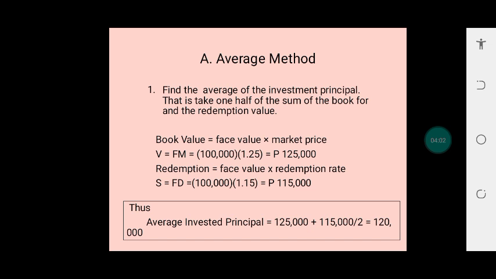The redemption value is equal to face value times redemption rate, S equals F D. Substituting 100,000 times 1.15, or 115%, gives 115,000. So the average invested principal is equal to 125,000 plus 115,000 over 2, which is equal to 120,000.